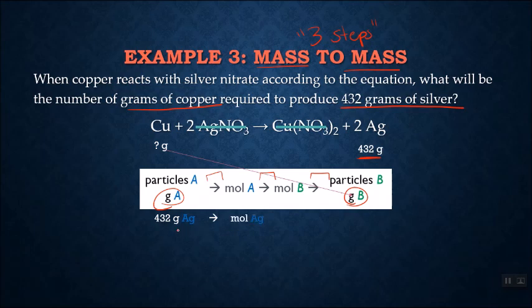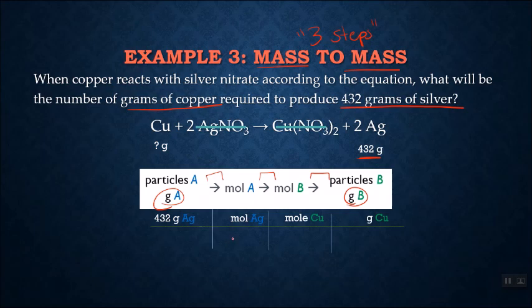So we're going to convert the grams of silver to moles of silver. Then we're going to use the mole ratio to convert the moles of silver to the moles of copper. And then we're going to do one more conversion where we convert the moles of copper to the grams of copper. So that's how you set up the sequence here.